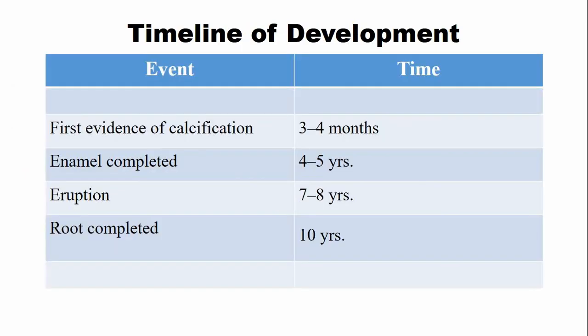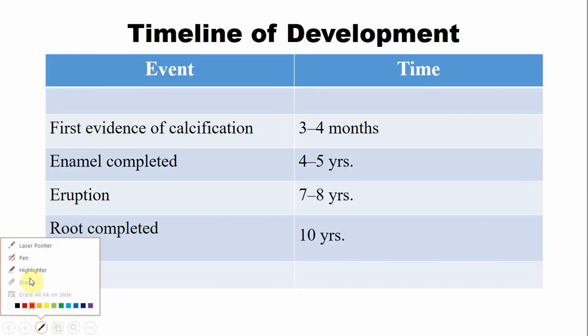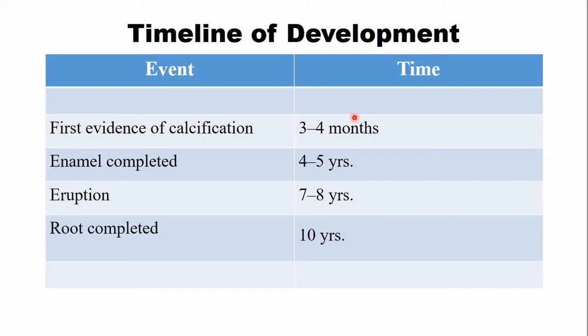So the timeline of development. The first evidence of calcification of this tooth, or when the dentine formation first begins, is when the baby is 3 to 4 months old. The enamel is completed, or the crown formation is completed, for the maxillary permanent central incisor at around 4 to 5 years, and the eruption, when the tooth emerges into the oral cavity, is by the age of 7 to 8 years.